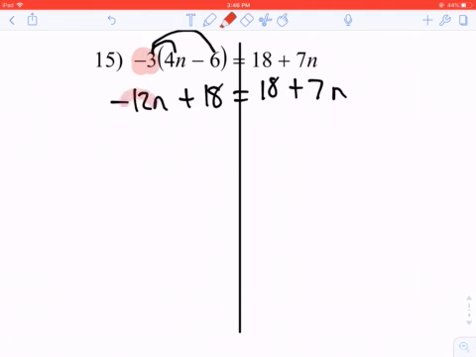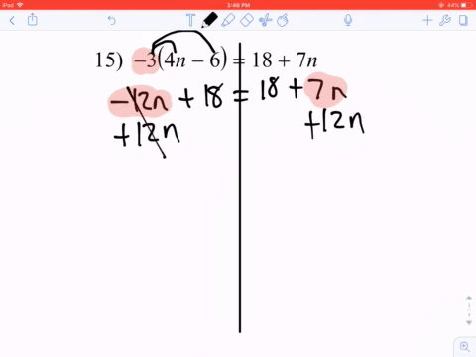Now we are looking, and on both sides of our equation we have variables, so we want to gather them to one side of the equation so that we can begin our solving process. It's always easier to move the smaller valued variable to the larger one. In this case, negative 12 is smaller than 7, so I'm going to get rid of it by adding 12n to both sides.